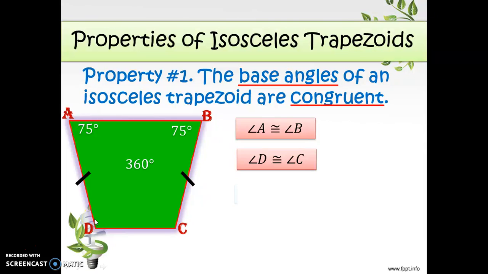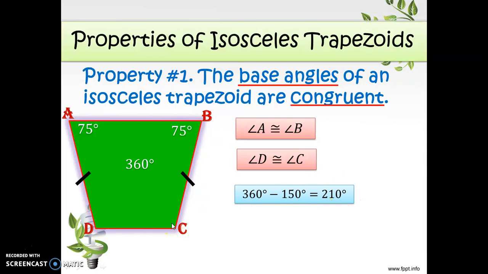So, how can we get the two values here? It's very simple. We just have to subtract 360 degrees by the sum of the two angles here. 75 plus 75 is 150 degrees. So, if you subtract it, you will get 210 degrees, and that would be the sum of these two angles here.